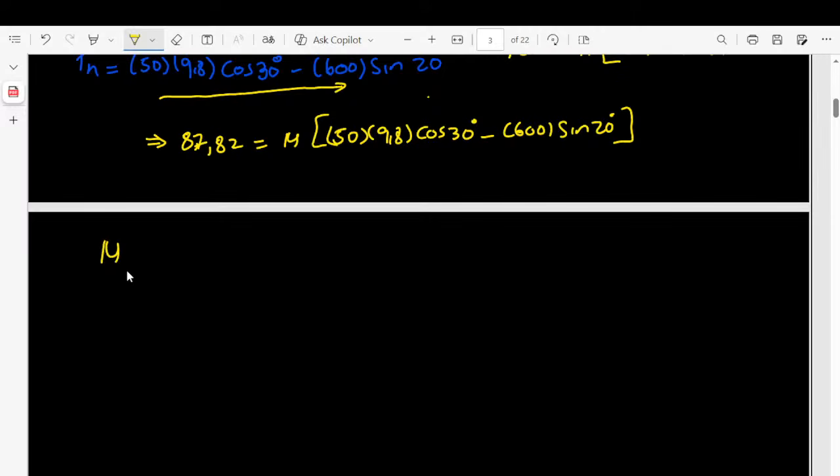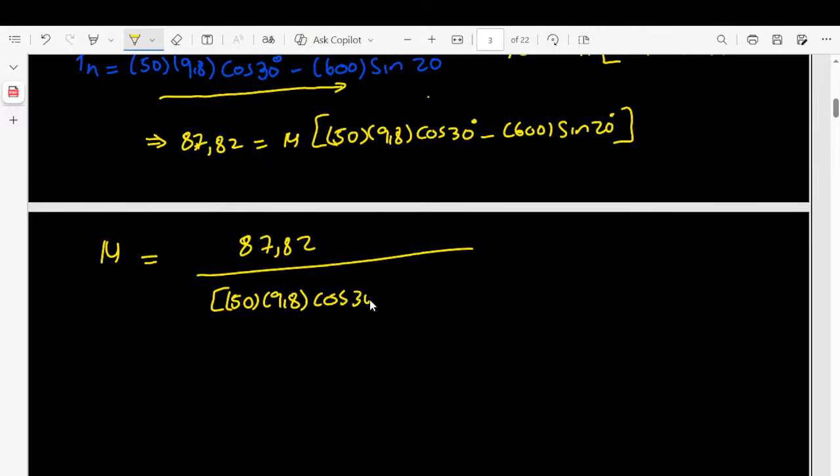So the coefficient will be equal to 87.82 divided by that long expression of 50 into 9.8, the cos of 30 degrees, minus 600, the sine 20 degrees.